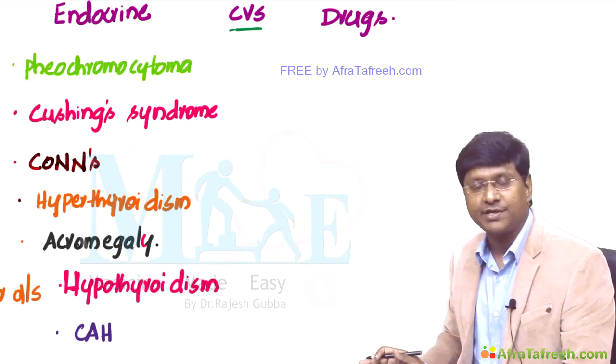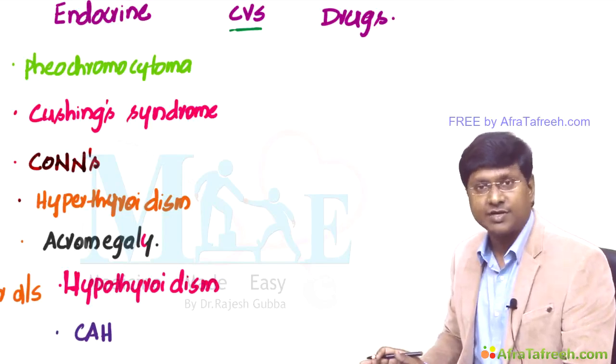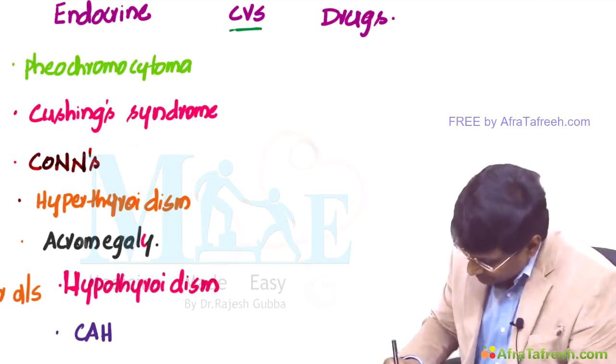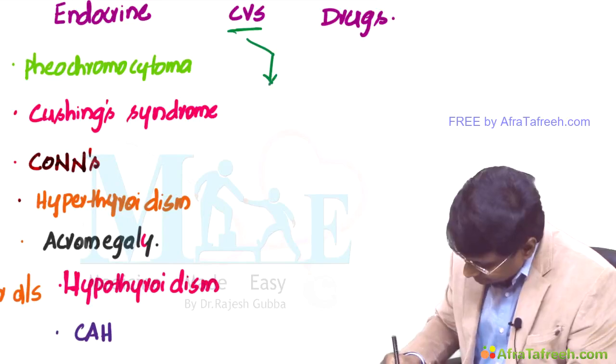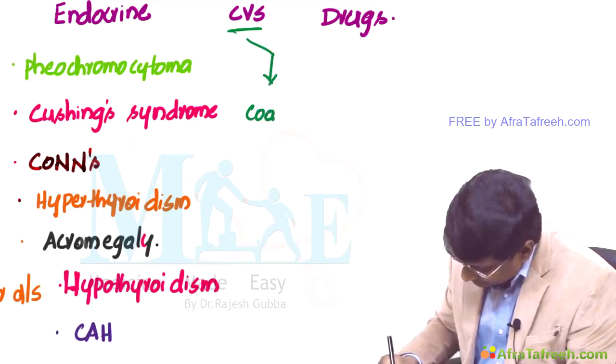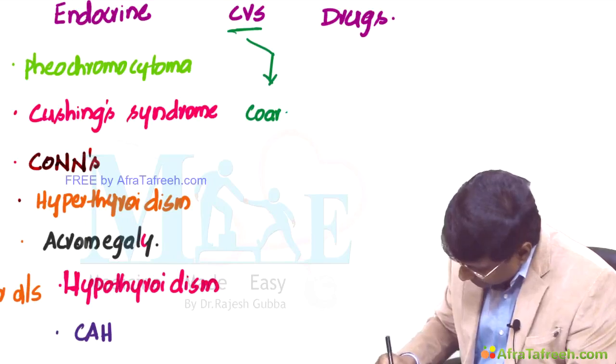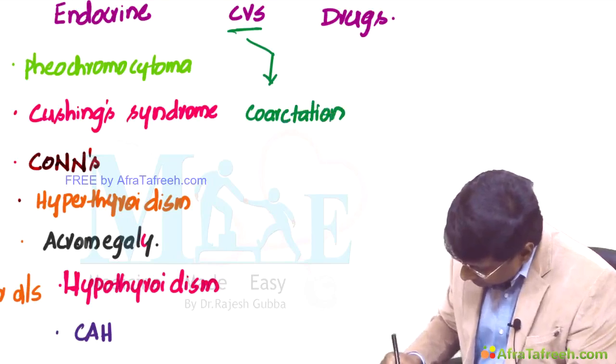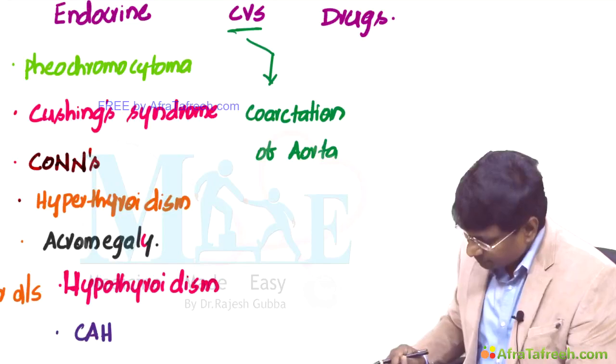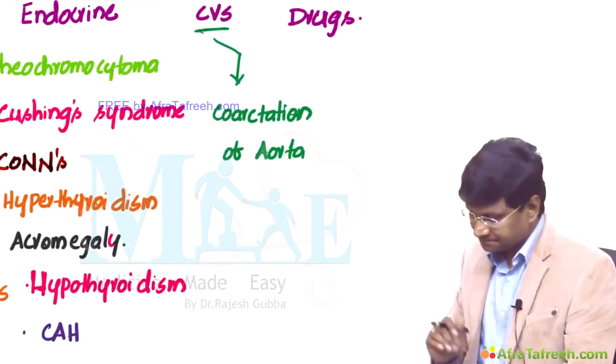Once the perfusion to the kidney is reduced, there is activation of the renin-angiotensin-aldosterone system, resulting in hypertension. So, the cardiovascular system pathology includes coarctation of aorta, and coarctation is very common distal to the left subclavian artery.